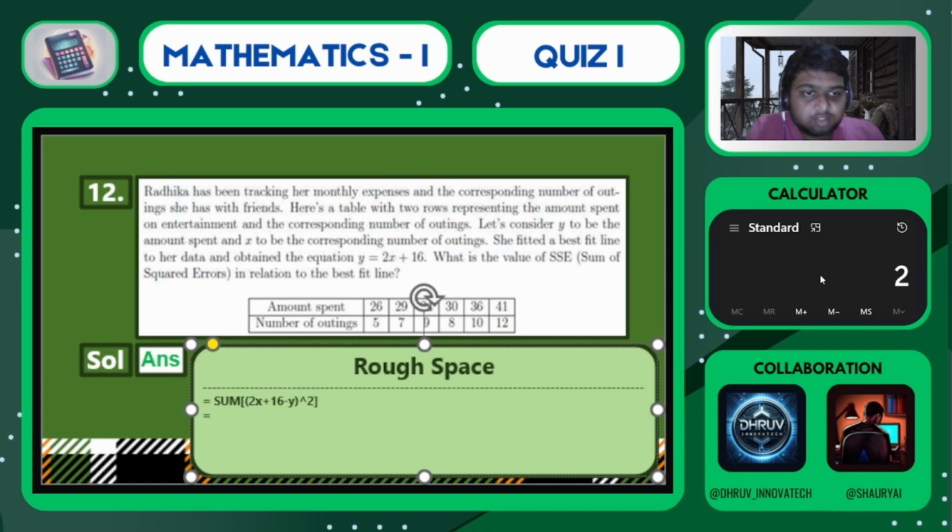So 2 into 5, which is 10, plus 16 minus 26 gives 0. 0 squared is 0. Next, 2 into 7 plus 16 minus 29 gives 1, squared gives 1 itself. Then 2 into 9 plus 16 minus 34 gives 0. 2 into 8 plus 16 minus 30 gives 2, square becomes 4.